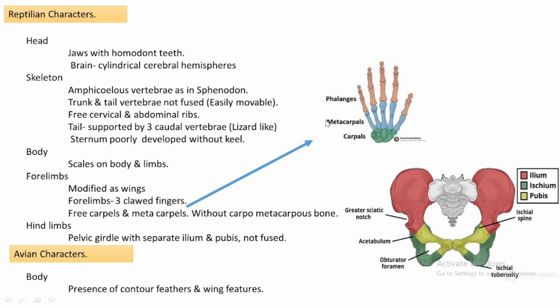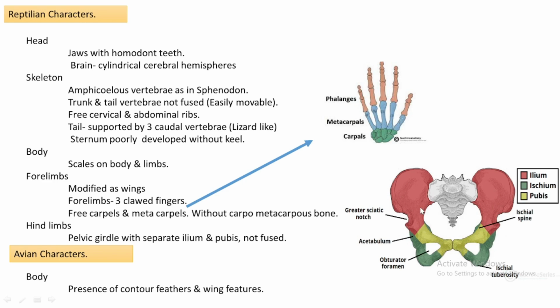Then hind limbs. Coming to hind limbs, that pelvic girdle. Regarding the pelvic girdle, it is a bone that holds the hind limbs. 2 limbs are there. Those 2 limbs are held jointly with the help of a bone. That bone is called the pelvic girdle.